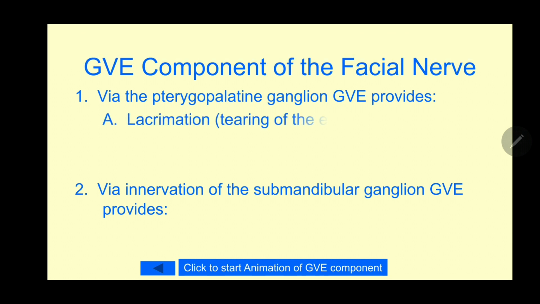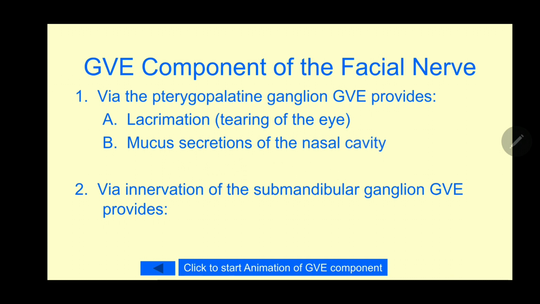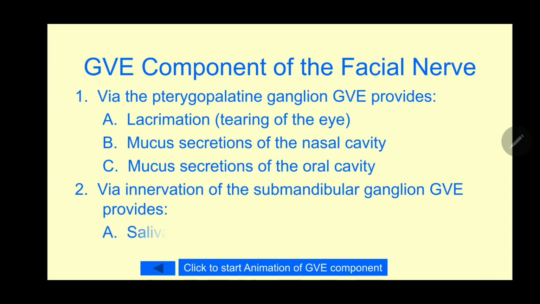So this will provide lacrimation, tearing of the eyes, as well as mucous secretions of the nasal cavity and oral cavity. Got it? And why this chorda tympani? It will cause salivation of the oral cavity.